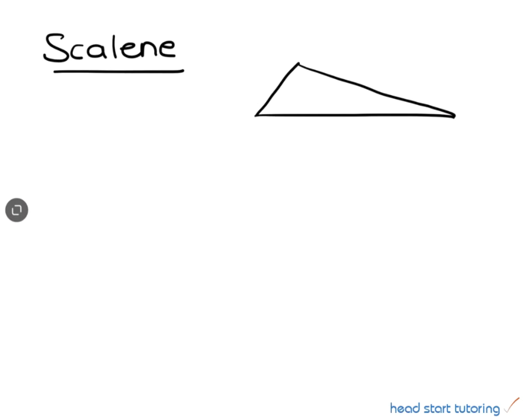Right, let's have a look at the scalene triangle. Our scalene triangle has no equal sides, so none of the sides are equal.